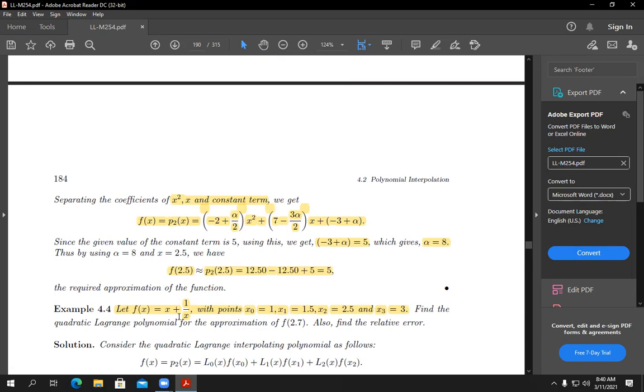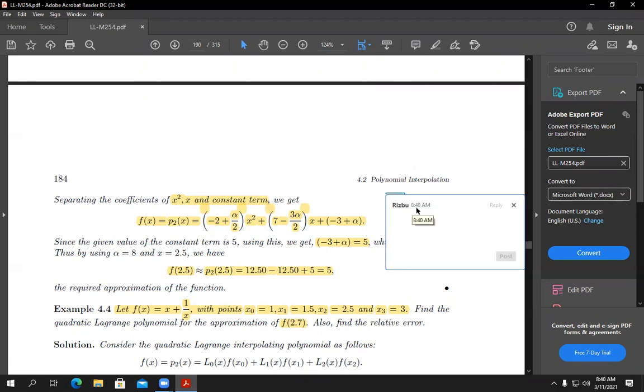This is your function, and these are the given points. How many points are we given, please? 1, 2, 3, and 4. Now he says find the quadratic Lagrange polynomial for the approximation of this one. How many points are given? Four.